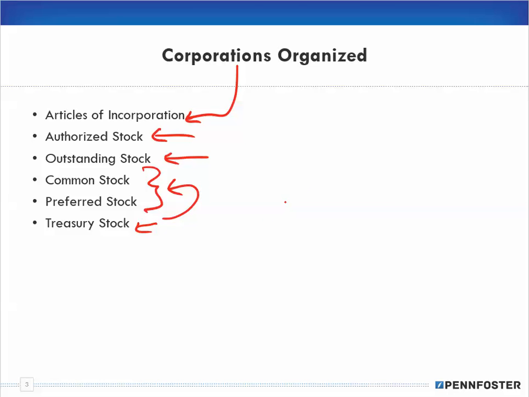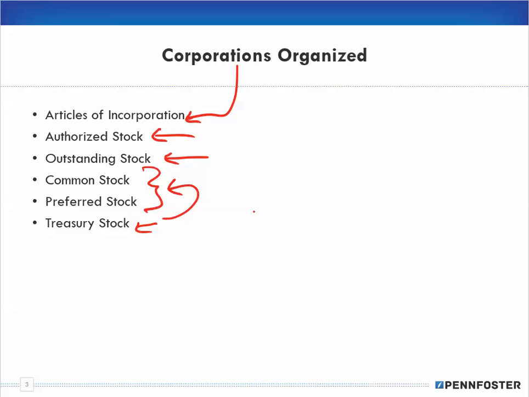Okay, so where we're standing right now, the important thing to realize is that you should read the first few pages of the chapter and realize that we create articles of incorporation when we need to set up the corporation. In those articles, it tells us how many shares of stock are authorized, but that's different from the number of shares that have actually been purchased.